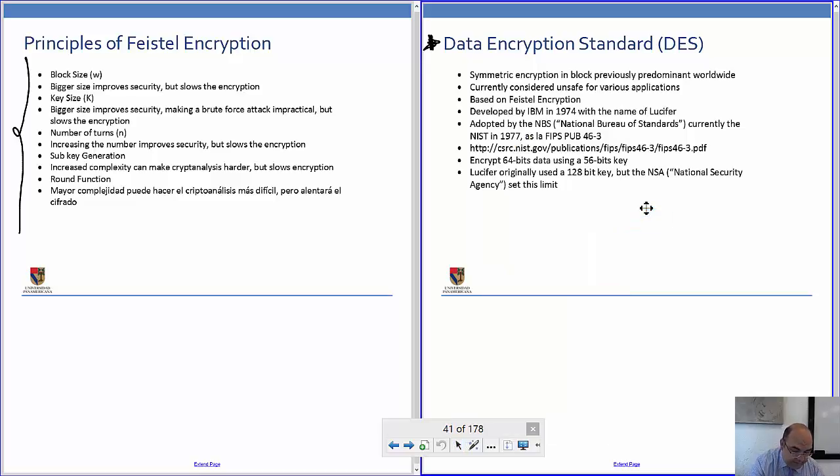So last class we were beginning the Data Encryption Standard. Data Encryption Standard is the old American standard. Currently it's not used anymore as a standard, but there are some applications that still use this.